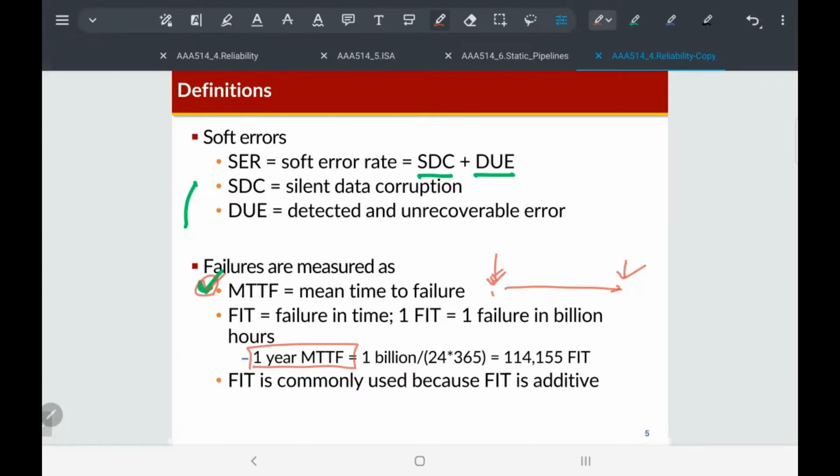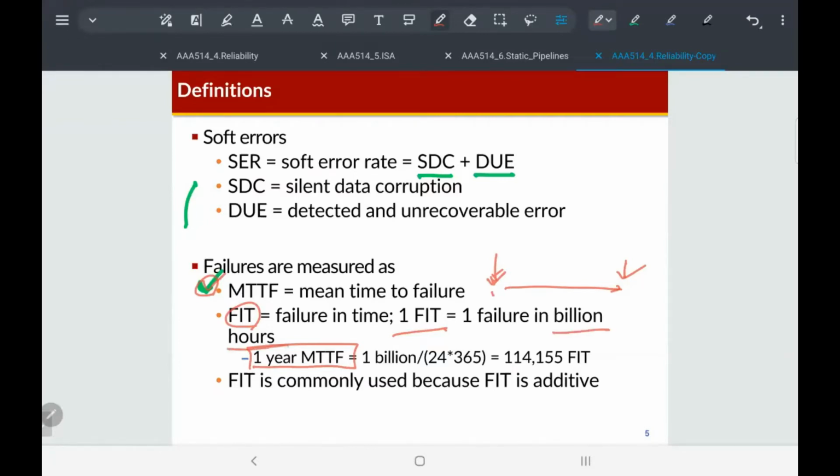And then you can use FIT, which means failures in time. That counts the number of failures in some specific time. And 1 FIT is defined as 1 failure in a billion hours.